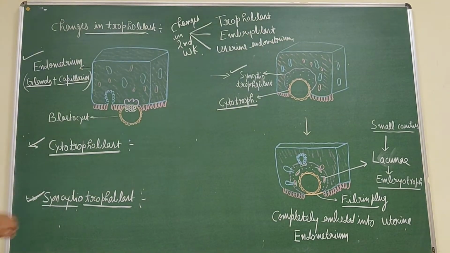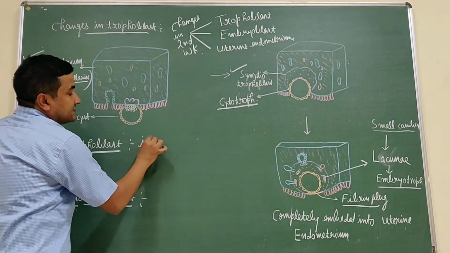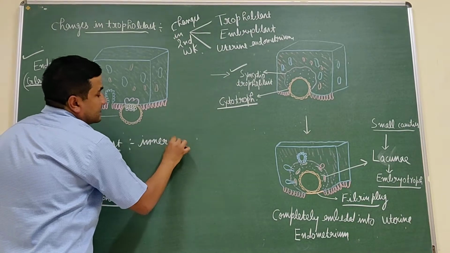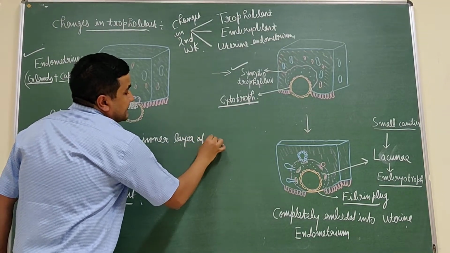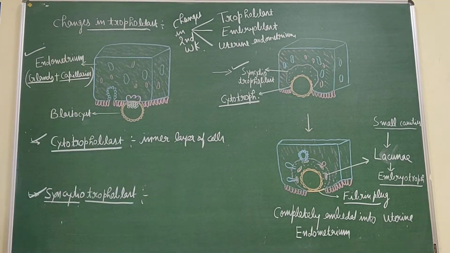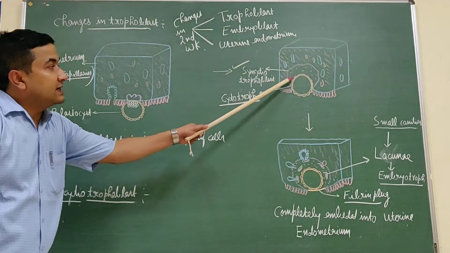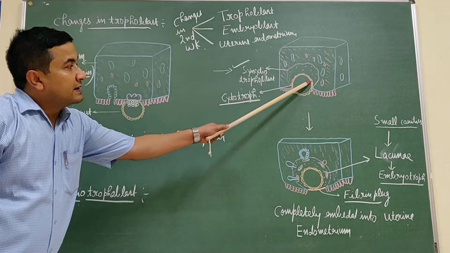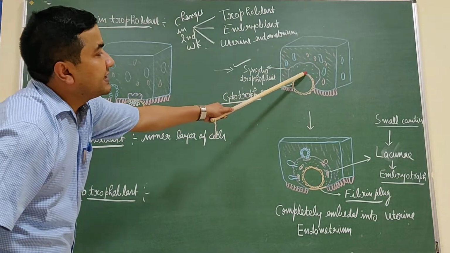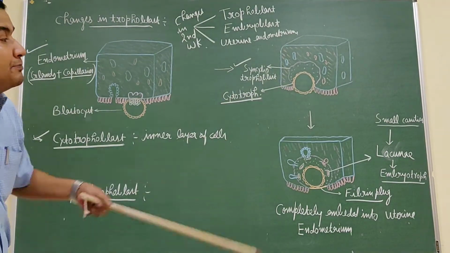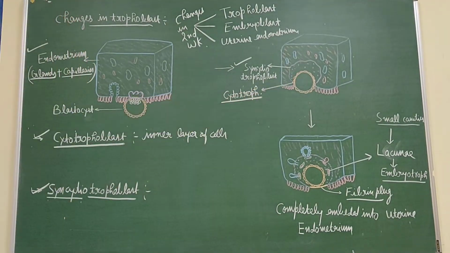This cytotrophoblast is the inner layer of cells. This inner layer of cells, each cell is clearly defined, clearly bounded by the cell membrane.